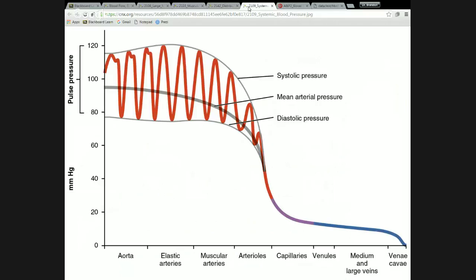The red line going through most of the arteries is actually varying quite a bit, between about 80 and 120 millimeters of mercury. That variation, the difference between systolic and diastolic pressure, is what we call pulse pressure. If you're feeling for somebody's pulse, what you're feeling is that change in pressure. And you can feel that in the arteries.